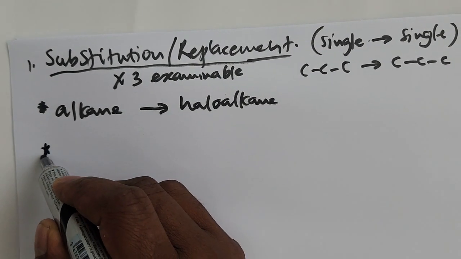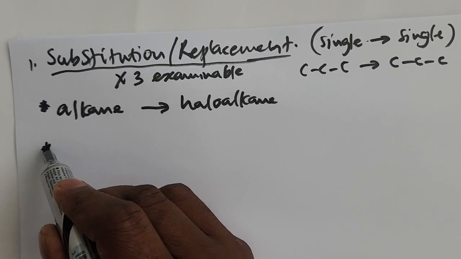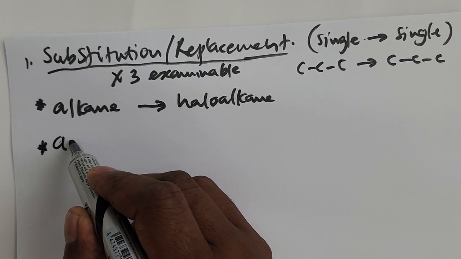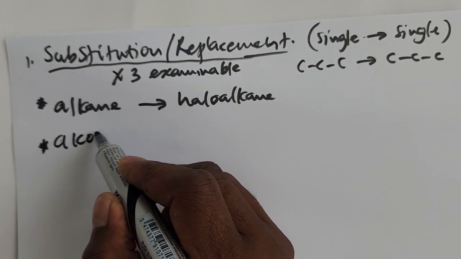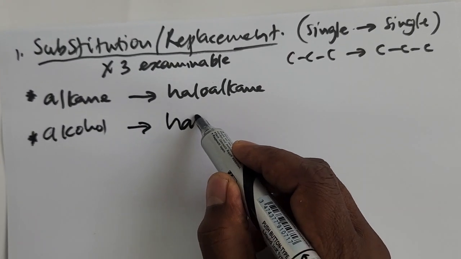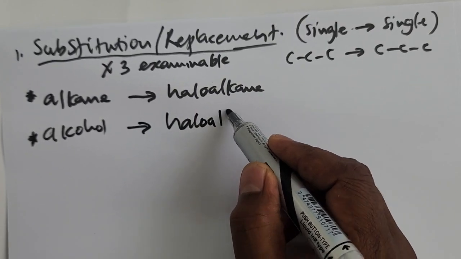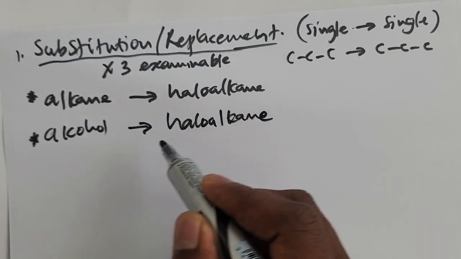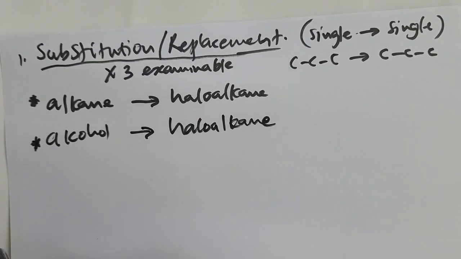We'll talk about the examples again. Alcohols can also form haloalkanes, where now the OH is replaced by the halogen.